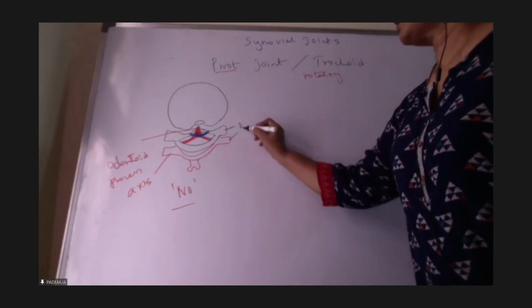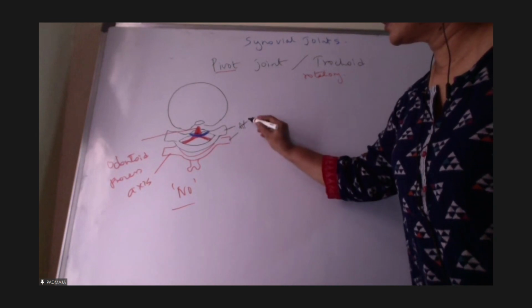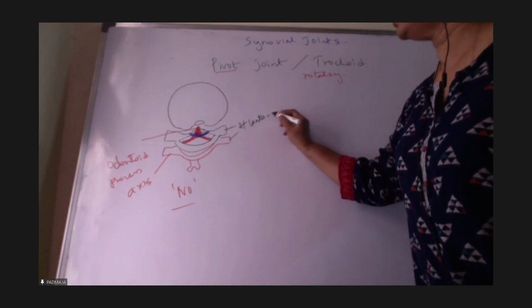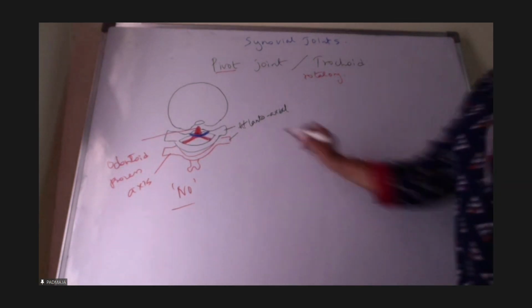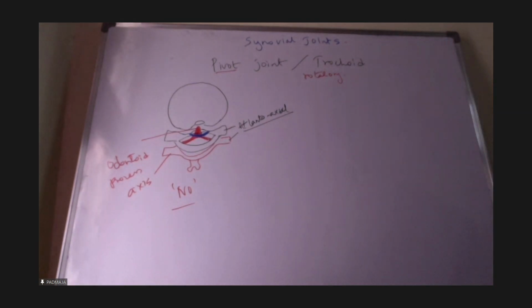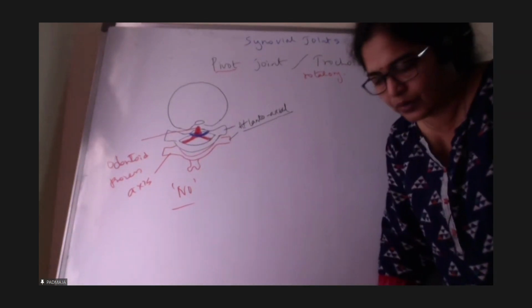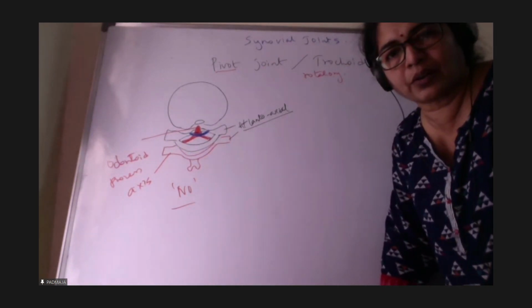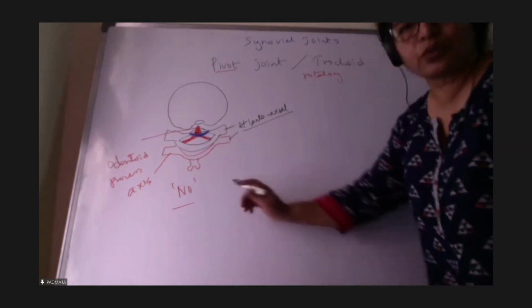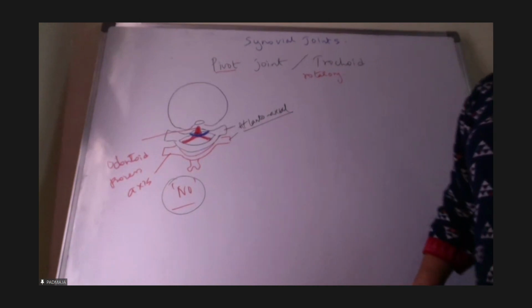So atlantoaxial joint, which allows your head rotation. So in general application, you will get a question: what joint are you using to rotate your head? You are using atlantoaxial rotation to say no.